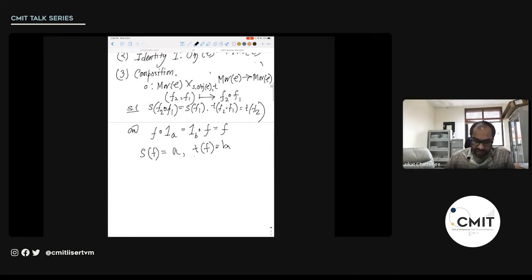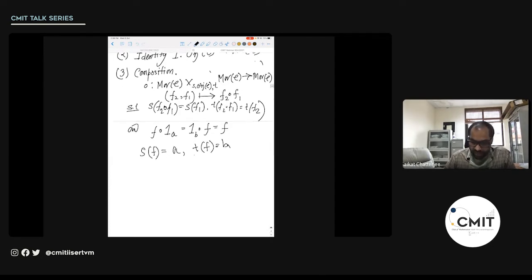So let us draw some diagrams. It will probably be easier to understand. You can basically think of an arrow or morphism in a category like an arrow.